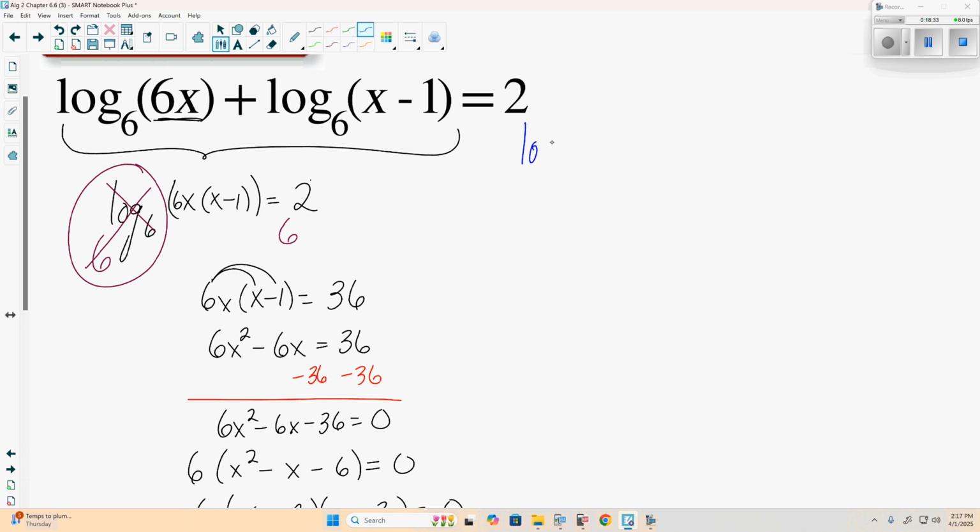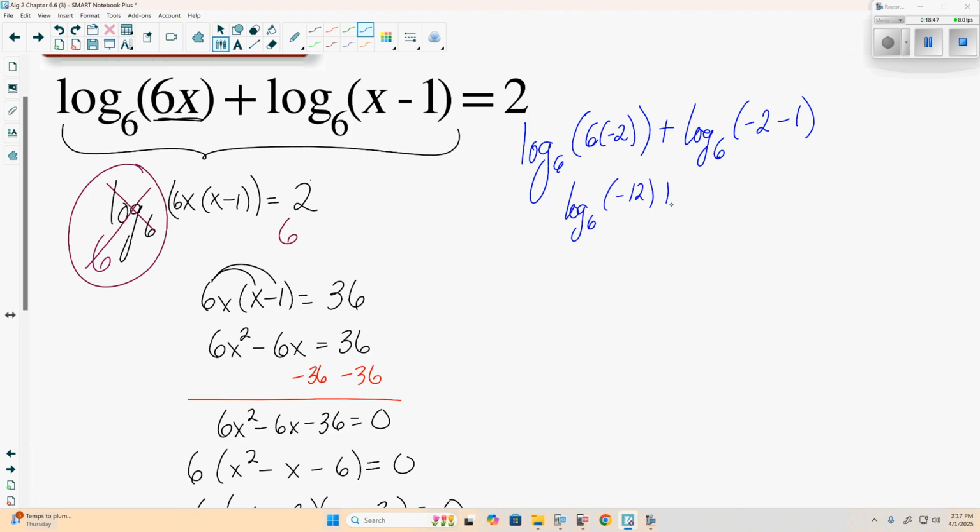Because we can even check here, log base 6 of 6 times negative 2 plus log base 6 of negative 2 minus 1 would give us log base 6 of negative 12 plus log base 6 of negative 3. We have negatives in both cases. Can't have that.